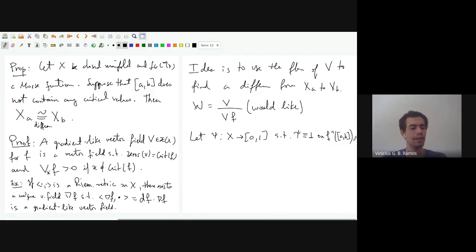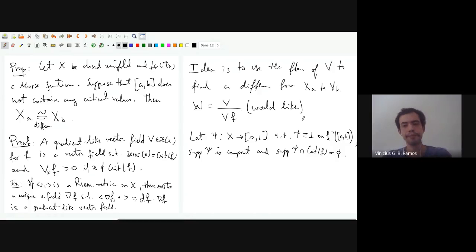I want the support to be compact, as usual. All that we really need is that the support of psi does not intersect the set of critical points. I assume that the pre-image of A and B does not contain any critical points. Because the set of critical points is isolated, I can always choose a psi like that.